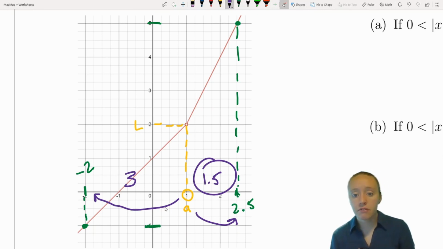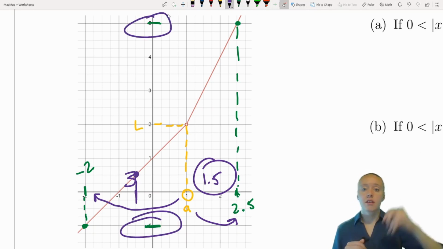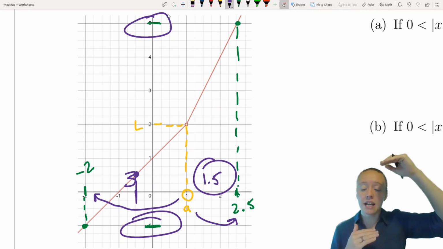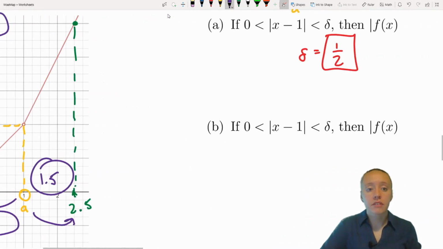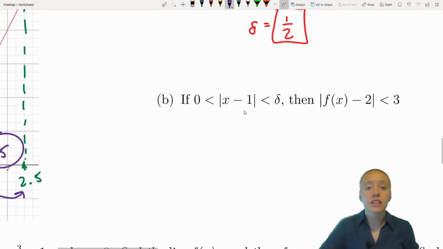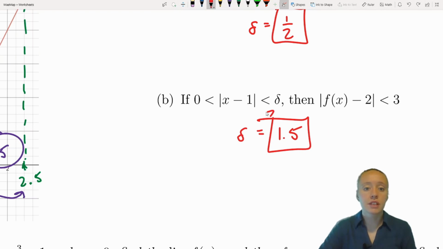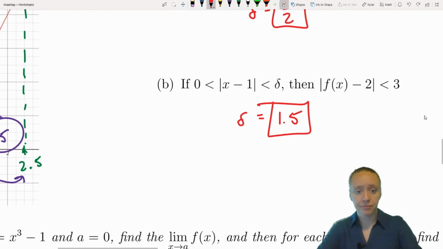If I went 1.5 to the left, you can see that I still fall within that range of either adding epsilon or subtracting epsilon. So for b, I use my value of delta to be 1.5. And using this value for delta, that second half of the statement always holds true.